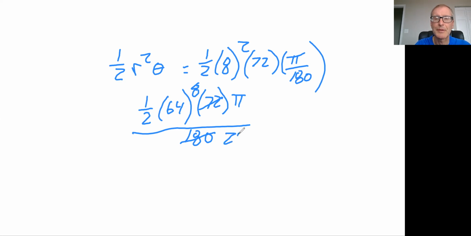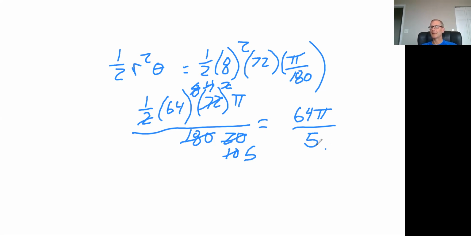And that would be 20, right? 20 times 9 is 180. So that would be a 4, that would be a 10, that would be a 2, that would be a 5. And then these 2's would cancel. So it looks like you end up with 64 pi over 5.